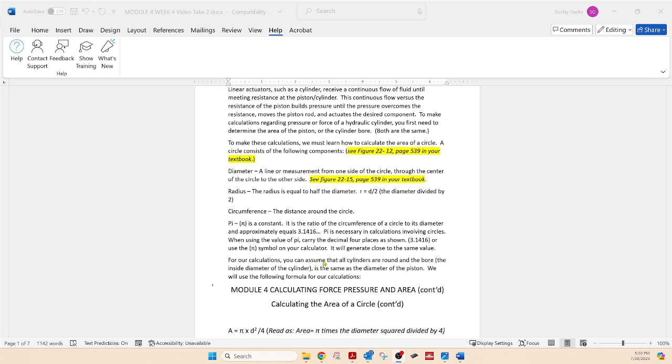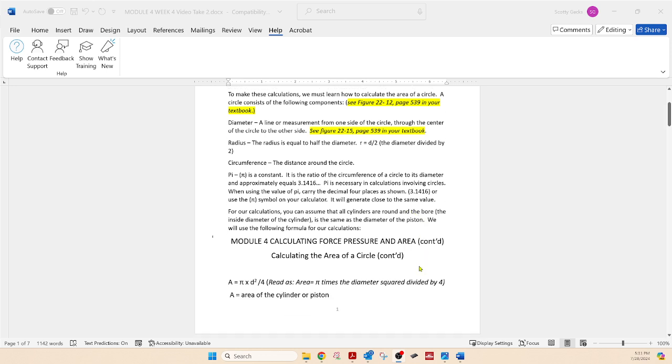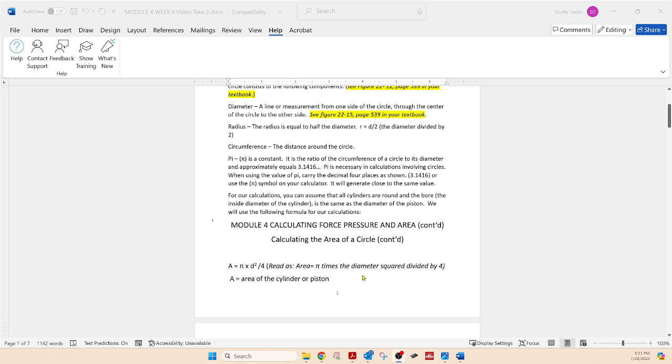For our calculations, you can assume that all cylinders are round and the bore, which is the inside diameter of the cylinder, is the same as the diameter of the piston. We will use the following formula in our calculations for now, unless you decide you want to go different. That formula that I've used forever until very recently is area equals pi times the diameter squared divided by 4.